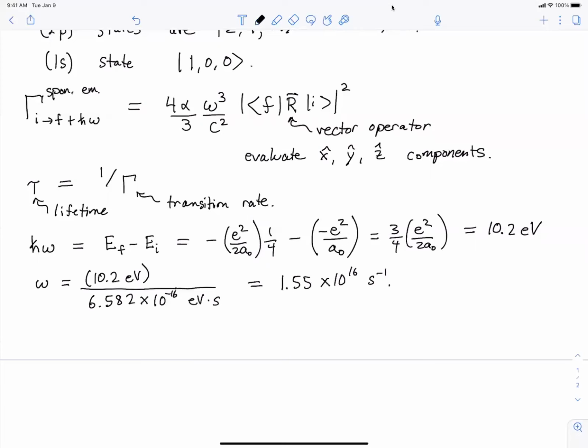Okay, so now we know what numbers to plug in here in the coefficient, because we know the speed of light. And so everything is now going to boil down to computing this matrix element, this vector matrix element. That's going to be the hard part. Okay, any questions so far?